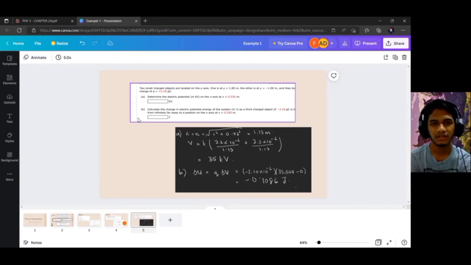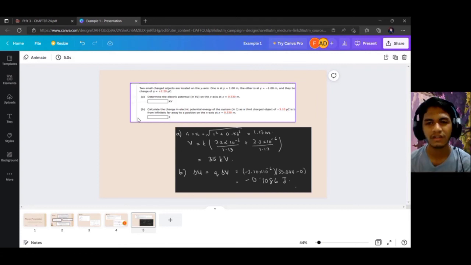B: calculate the change in electric potential energy of the system, in joule, as a third charged object of negative 3.10 microcoulomb is moved from infinitely far away to a position on the x-axis at x equal to 0.530 meter. Using the formula for the change of potential energy, delta U is equal to Q delta V. We just need to substitute all the values into the equation.